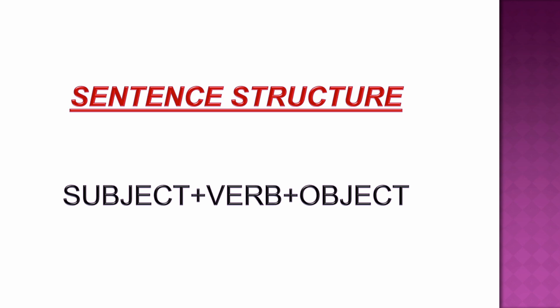That means only the verb will change continuously. Subject and object always remain the same. Whenever we change the tense, only one thing will change, that is the verb. So let us try to understand how it is happening, and what are the types of present tense, past tense and future tense and their rules. Let us see.